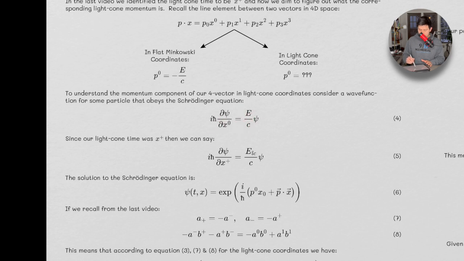So this momentum operator has an eigenvalue that's E over C, and in special relativity, C is usually equal to 1, times the function itself.